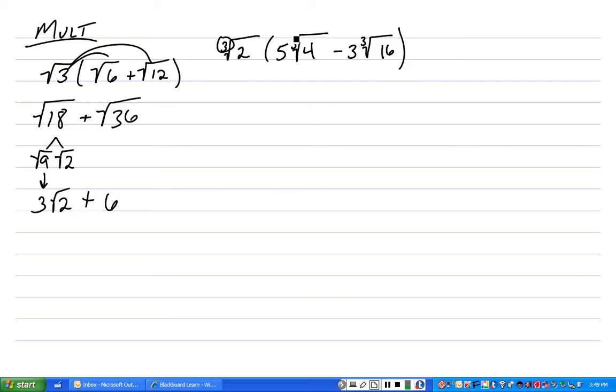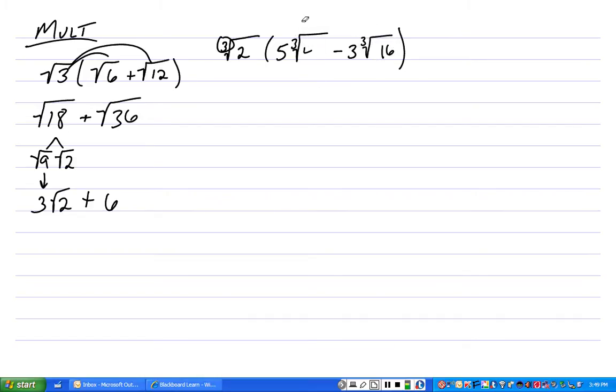They're all cube roots, so you can multiply as long as the root is the same. We can't subtract these inside, because even though they have the same root, the numbers inside the radicals are different, so you can't do the subtraction in here.